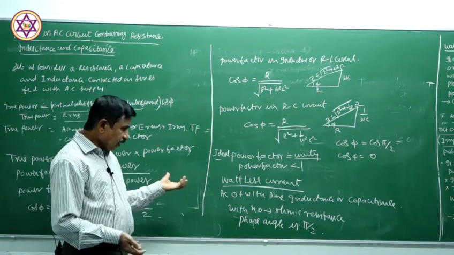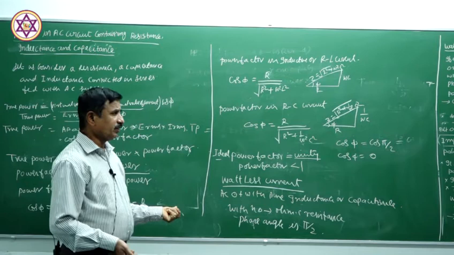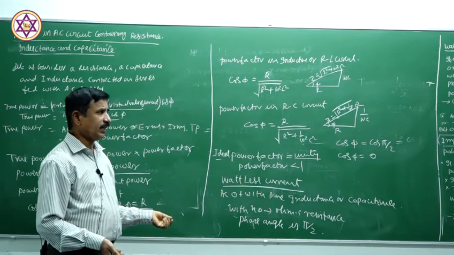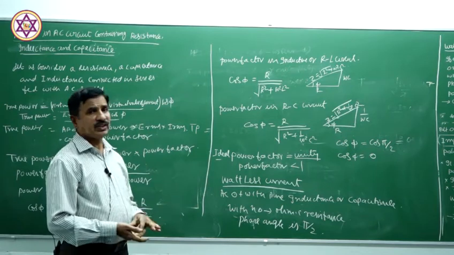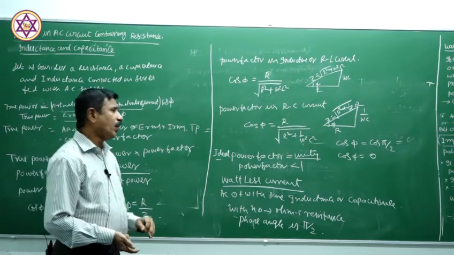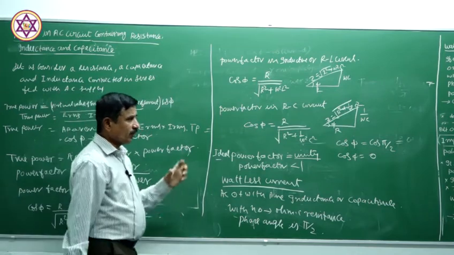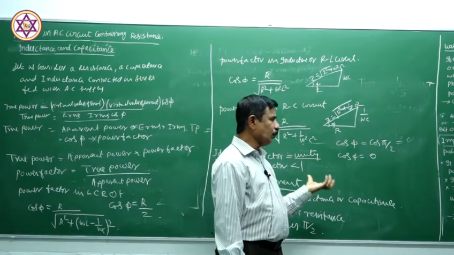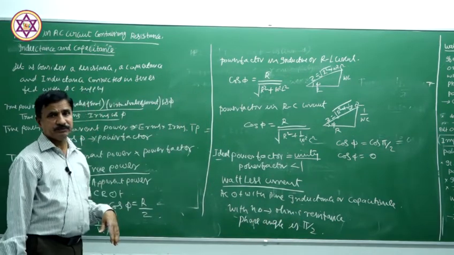The current flowing in the circuit is called wattless current or idle current, which performs no useful work. So that is about the wattless current.